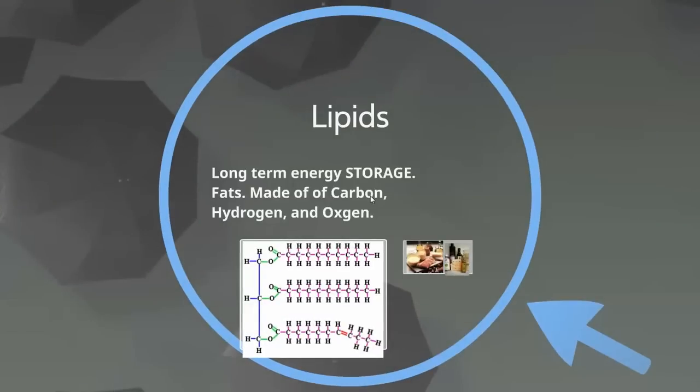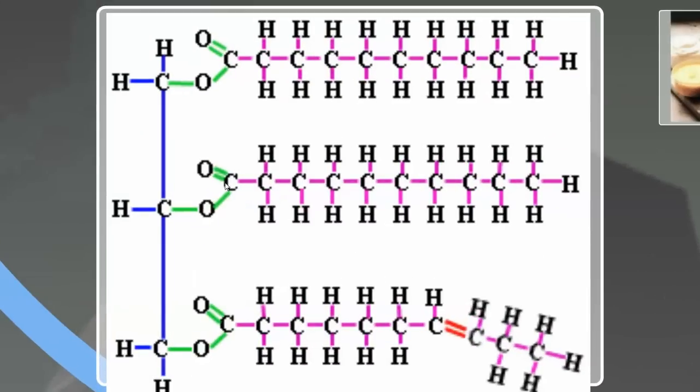Next one are lipids. Another way to say that is fat, and that is long-term energy storage. Whereas the carbs were a quick energy source, lipids are where energy is stored. It's made of carbon, hydrogen, and oxygen, same. It just looks a little different. Instead of that ring structure, it's a basic long chain of hydrocarbons with some oxygens on one end of it.